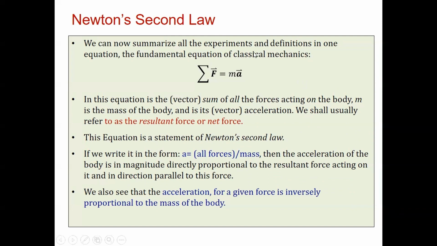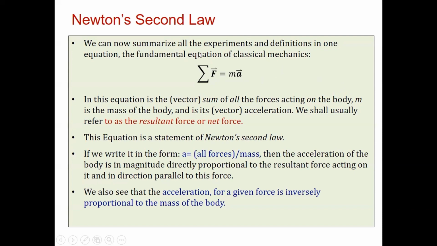Newton's second law is basically summarizing the mathematical form of the force and the experiments that were done to relate the force and acceleration and relate the mass and the acceleration.